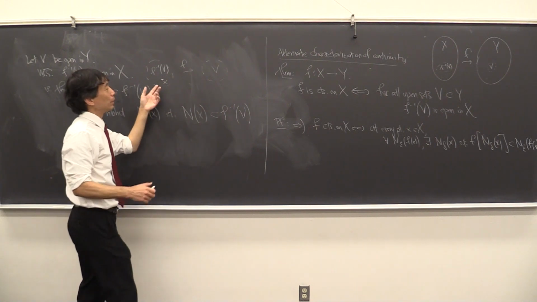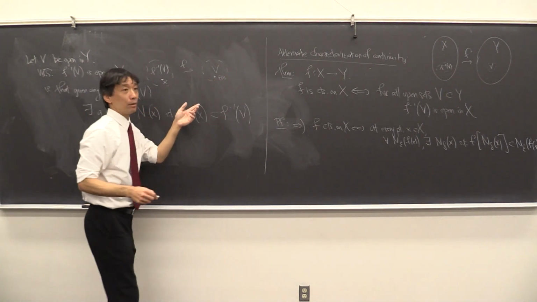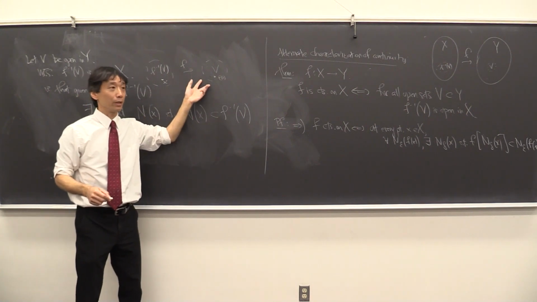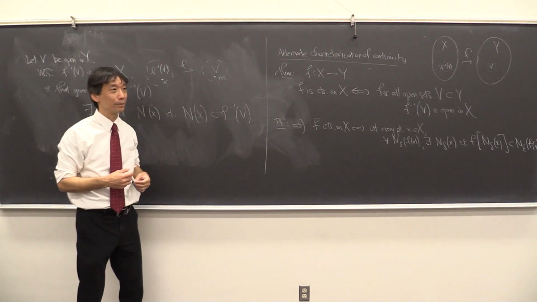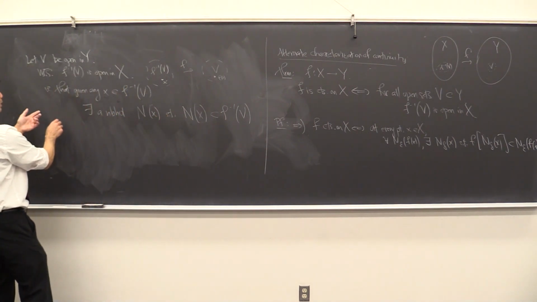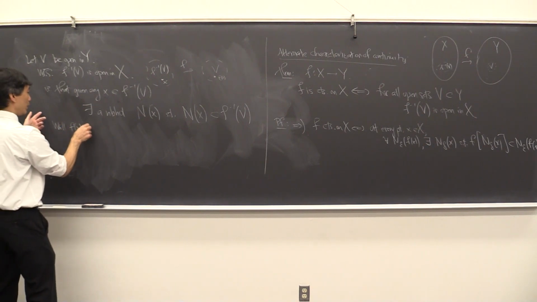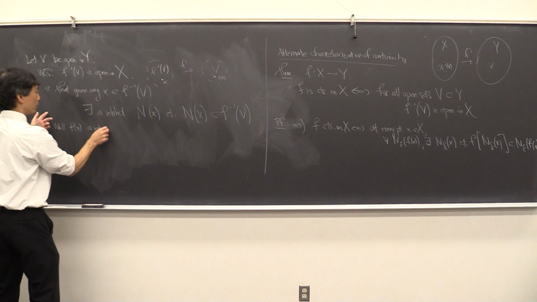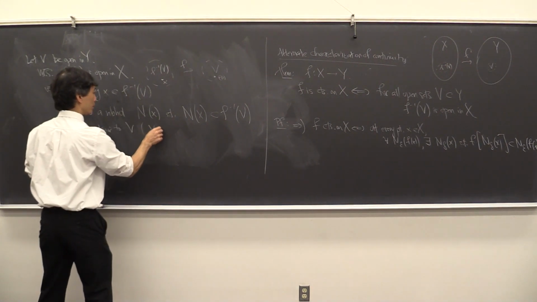Okay. So if we look at f of x over here, what can we say about f of x? Well, f of x is interior to V, because V is open.